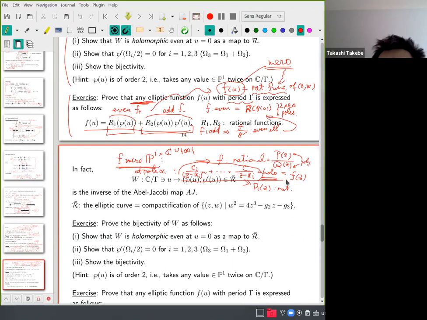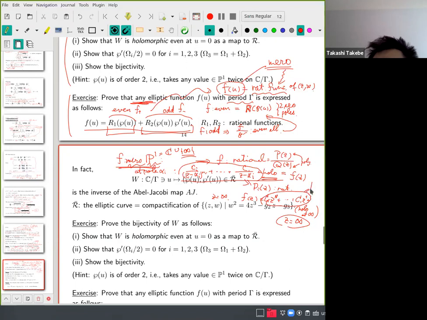And yeah, at infinity, since this is meromorphic even at infinity, we have such an expression at infinity. Let's call this P0.